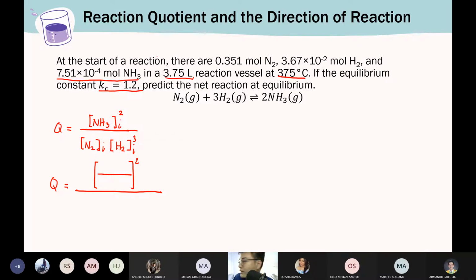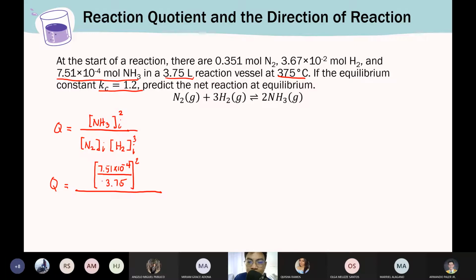Divide mo na siya dyan. So, wag nyo na isa-isahin na. So, ilagay mo na lang yung numbers sa mismong fraction. So that mamaya kapag tinype mo na siya sa calculator, sabay-sabay na sila masosolve. Okay? So, I highly suggest you to do this na so that you can minimize yung rounding off na. Kasi pag nag-round off tayo, baka mamaya medyo malayo na yung makuha natin sagot. Okay? So, the mole should be on the top and then the volume should be at the bottom.